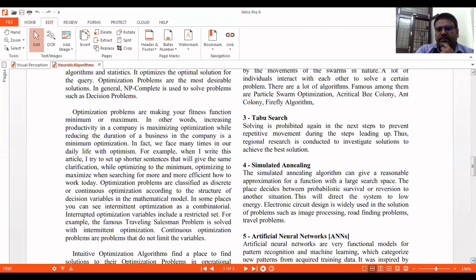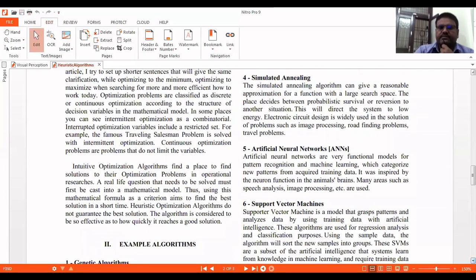It decides between probabilistic survival and revision to another state, which will direct the system to low energy. It is used in electronic circuit design and widely used in the solution of problems such as image processing, road finding problems, and traveling salesman problems.